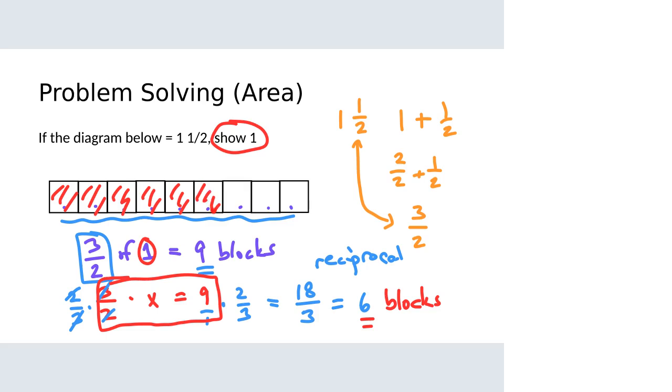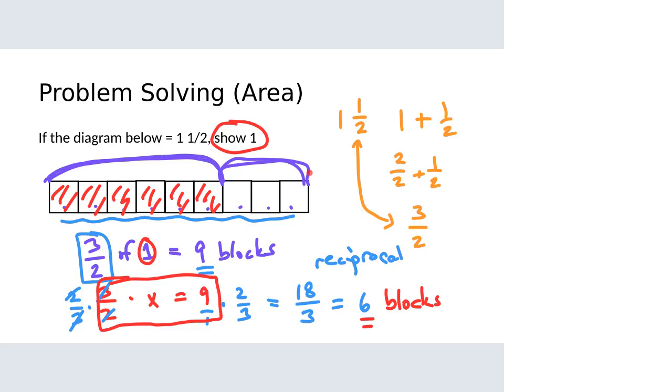And that's the same thing we got before. This might make sense to you when you look at it and say, oh, if this is 1, then putting those together would be 1.5, because 6 blocks is 1, so 9 blocks would be 1.5. At the end of it, it can make sense.